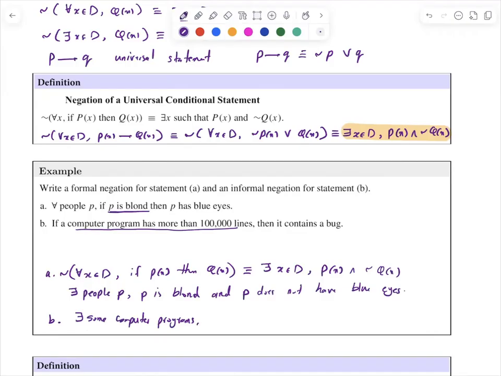We're going to copy down the hypothesis. We are not changing the hypothesis. Those computer programs have more than 100,000 lines and they don't contain a bug.